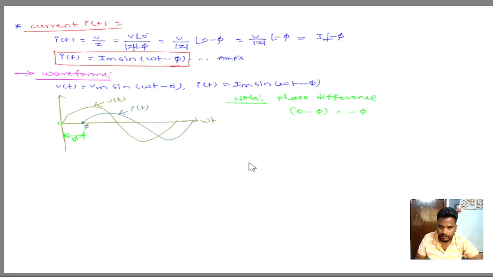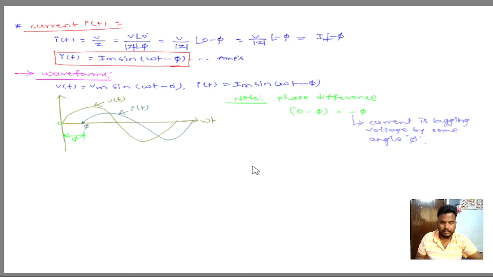What is the meaning of the minus phi phase angle? Current is lagging voltage by some angle phi.